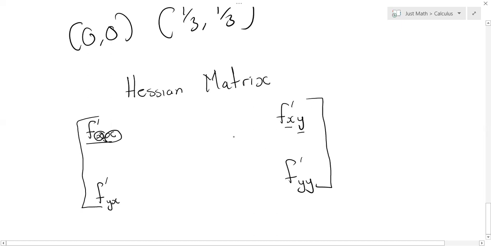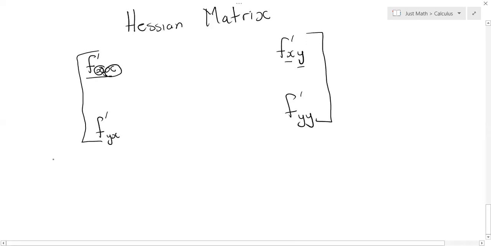So you're going to find the derivative of the function twice, the first derivative and the second derivative. But the good news is that we already have the first derivative with respect to x and y. We already have the first derivative with respect to x, which is 3x squared minus y.